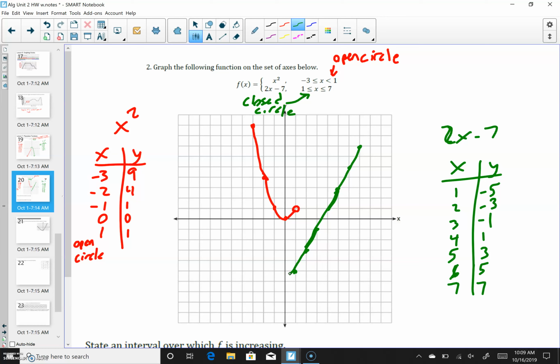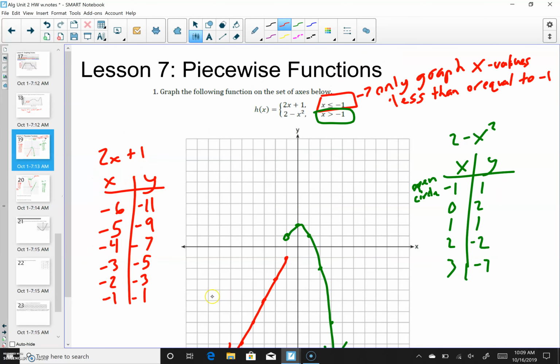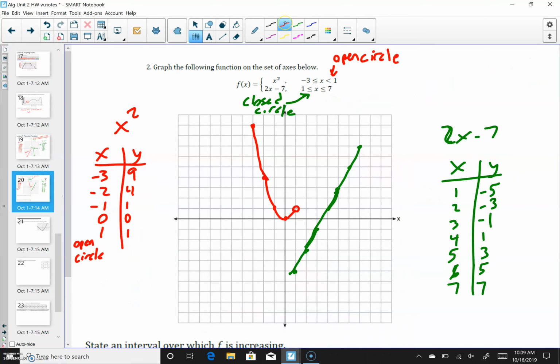We want to make sure too, and actually I really should go back to the first one here and label. This was h of x equals 2x plus 1, and this was h of x equals 2 minus x squared. As we start to put multiple graphs at the same time, we want to make sure we label which ones are which.